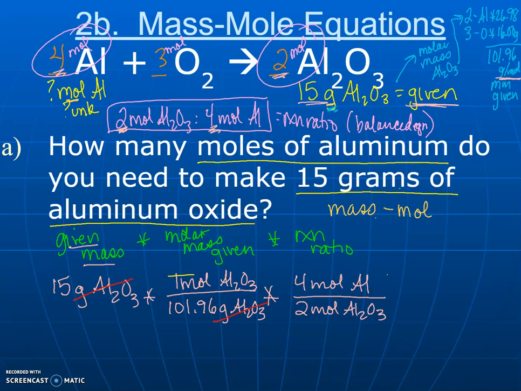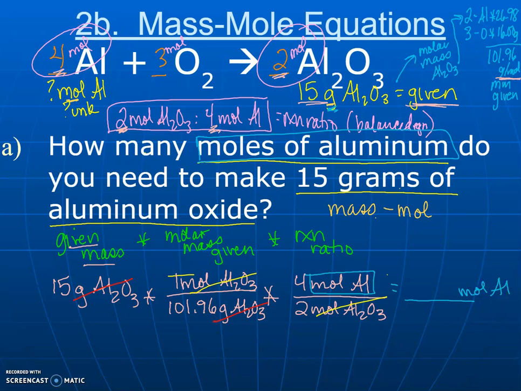So what cancels out, you say? Moles of Al2O3 and moles of Al2O3. Now, am I at the unit that I want to be? You better believe it. I want moles of aluminum, and everything canceled out except for moles of aluminum. So how do I solve this?